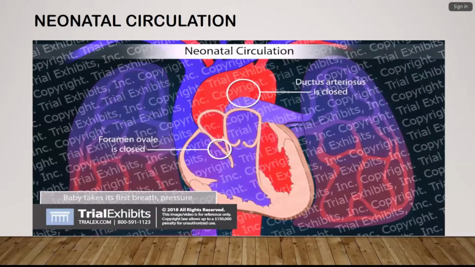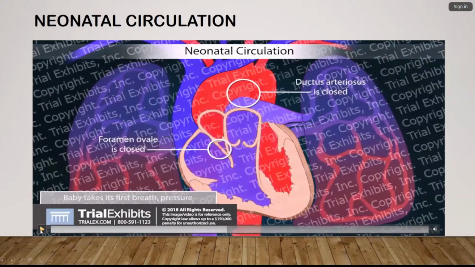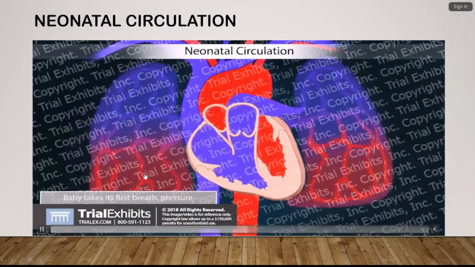Also there is an increase in PaO2 and a decrease in prostaglandin, which causes ductus arteriosus constriction, and later it closes, and hence the neonatal circulation begins.